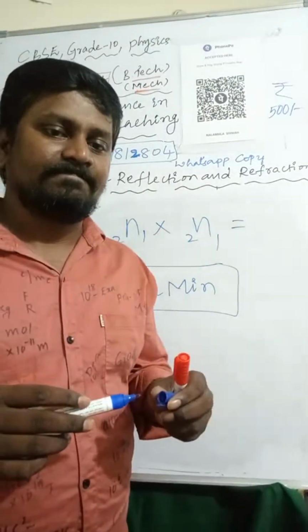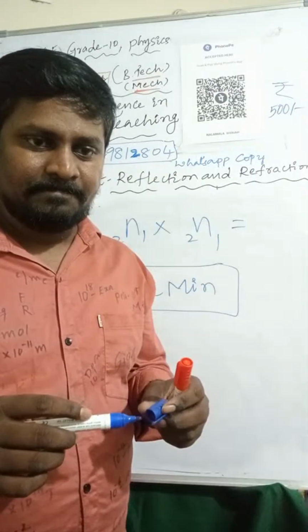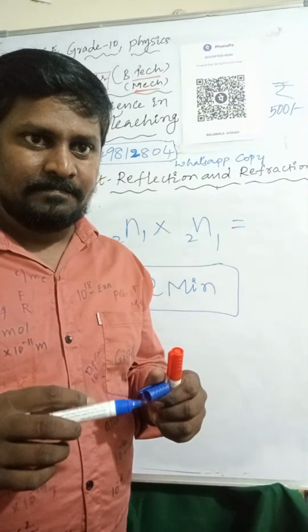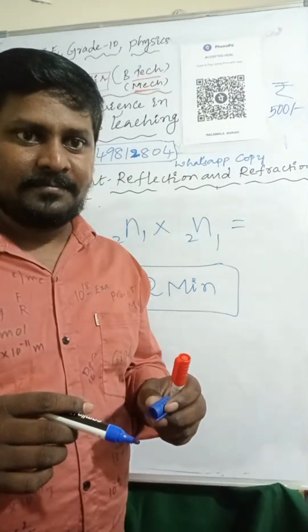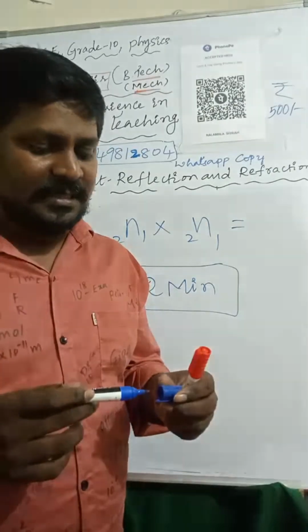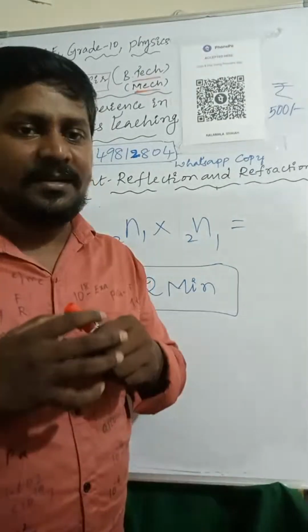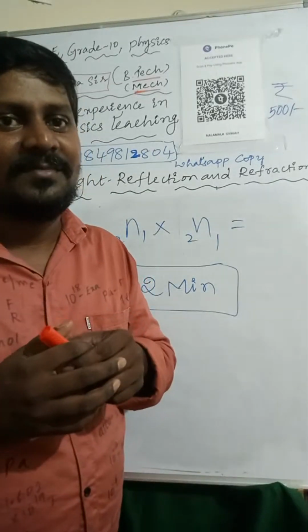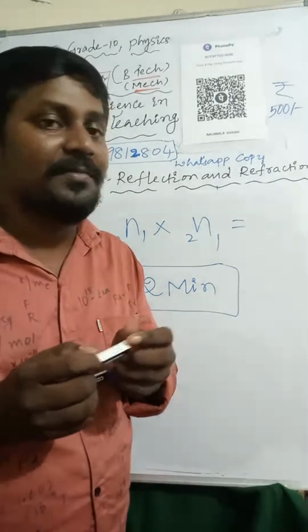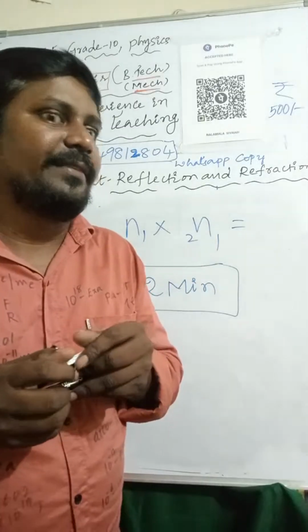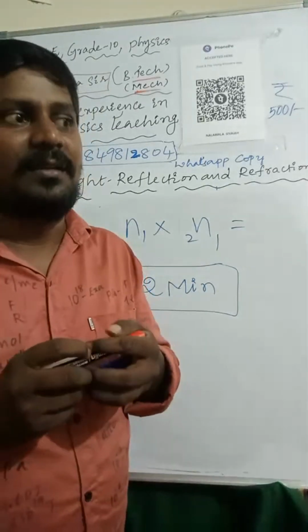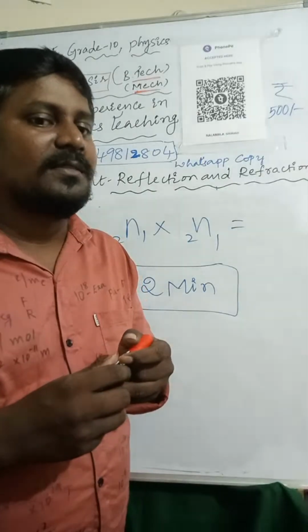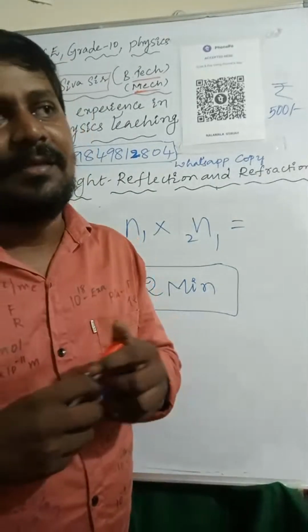Anybody? No one. So you know the answer, but no one is answering. That is a problem. What will they feel? If I give a wrong answer, what will they think, what will they do?